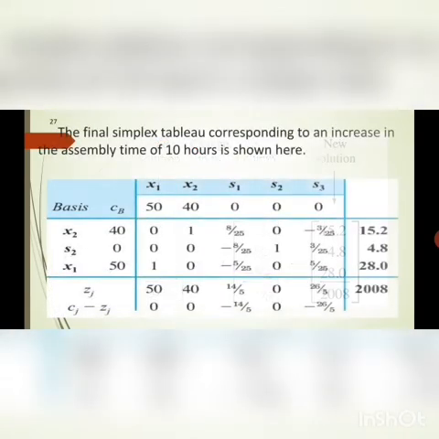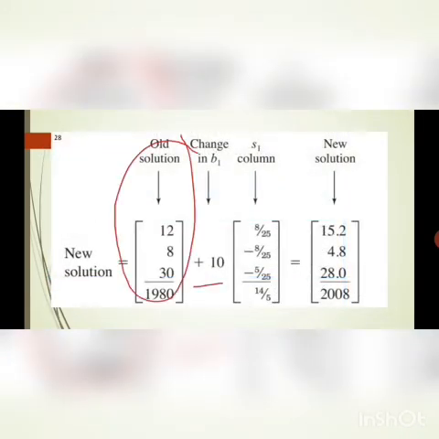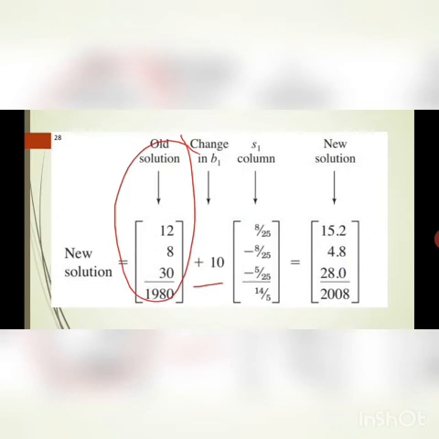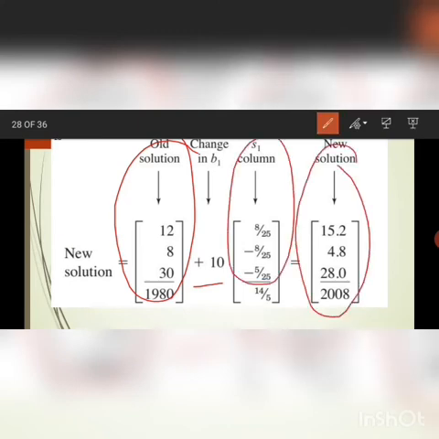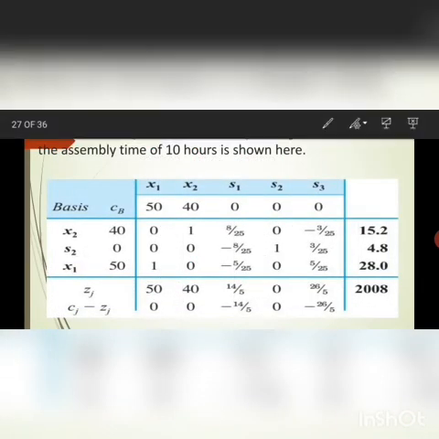Yeah? 8 over 25, negative 8 over 25, negative 5 over 25 over 14 over 5. It's the same as the new solution here. They are just the same. So this is the new solution.